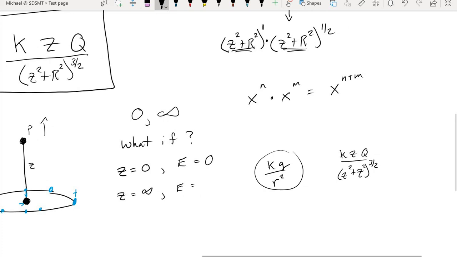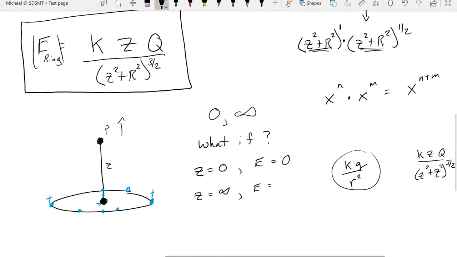Well, here I don't have a value of z that I can plug in, but if I go out to infinity, then z and r are both basically going to be infinity, and so I'm plugging in infinity for little r. I would get a 0 for this expression.